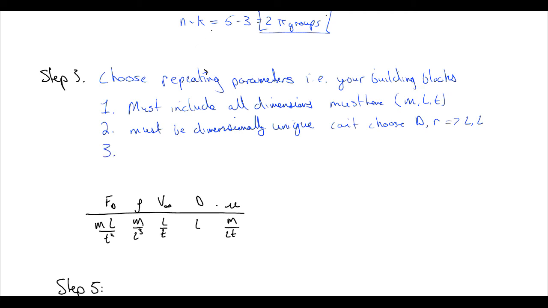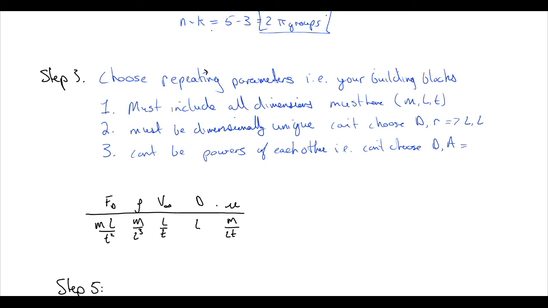Rule 3: they can't be powers of each other. So in other words, you can't choose diameter and area because that is length and length squared.